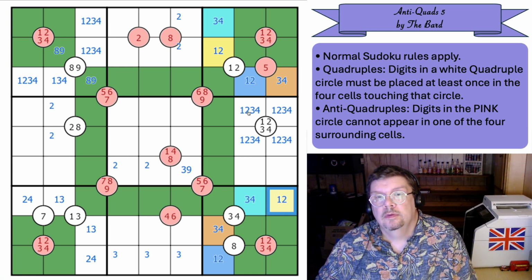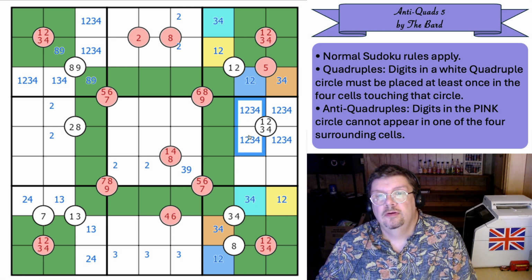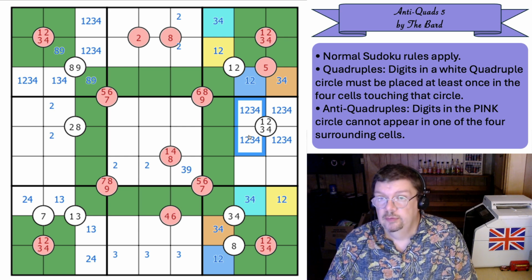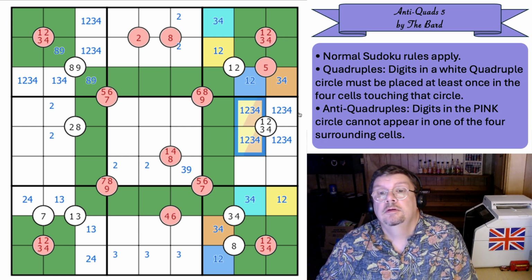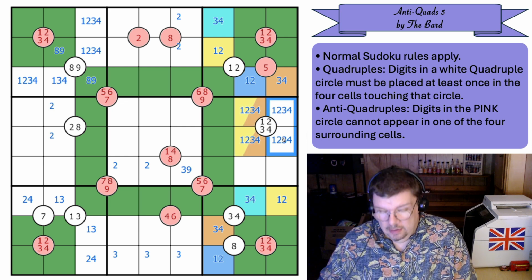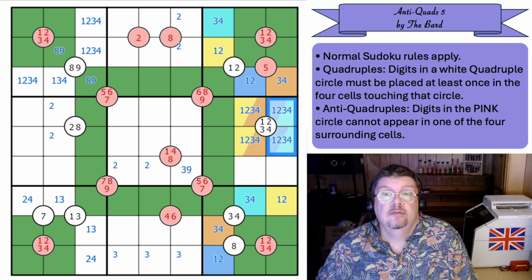Okay, so these two are orange and yellow between them. And these two are teal and blue between them.